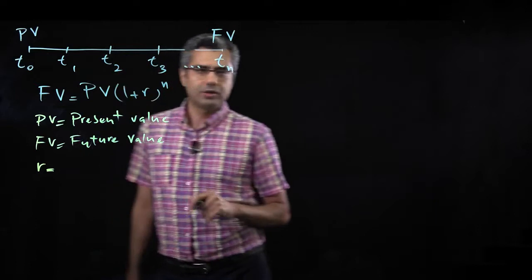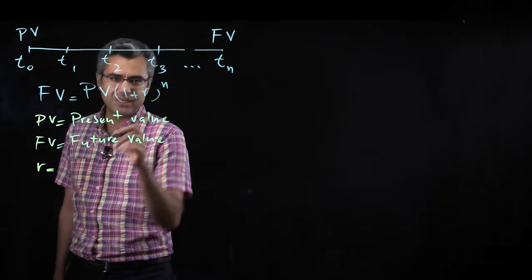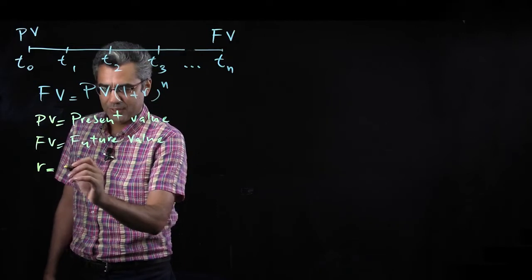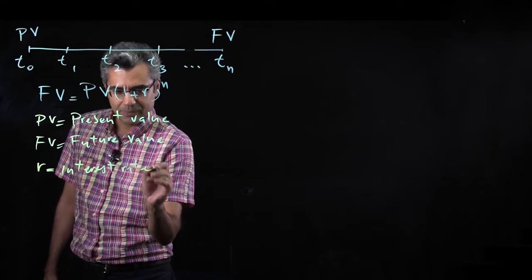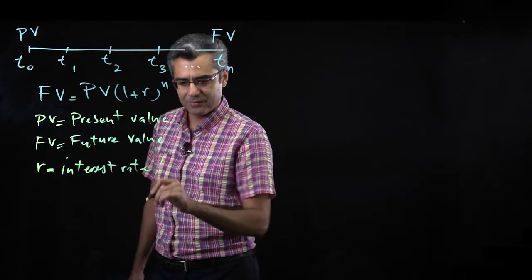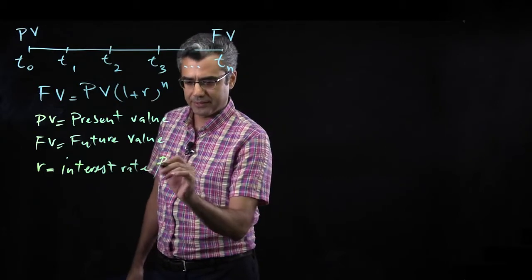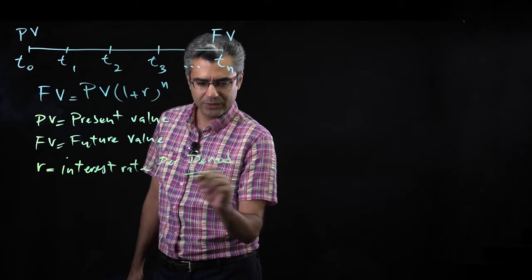What is R? R is interest rate. Sometimes we write I, sometimes we write R, so up to you. Interest rate, but interest rate per what? Per period. This is very important.